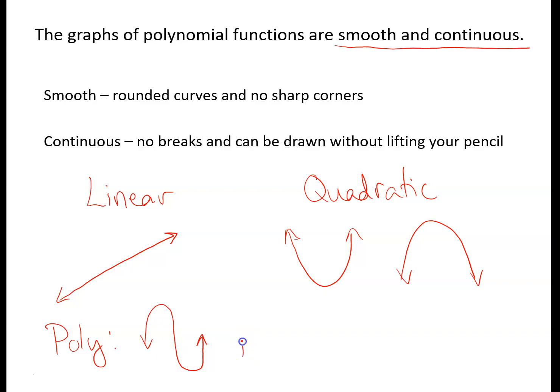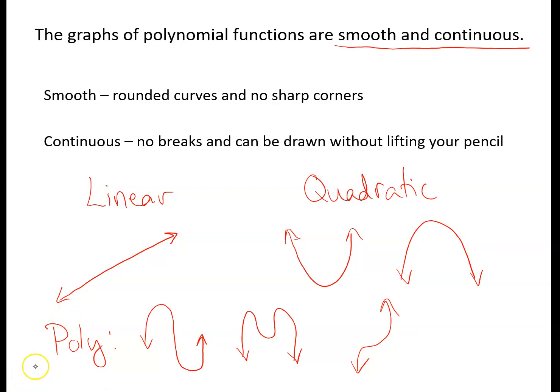It might look something like this. It'll always be smooth and there will not be any breaks in it. Like that. Which we should recognize that shape as the shape of the cube function, which is also a polynomial function.